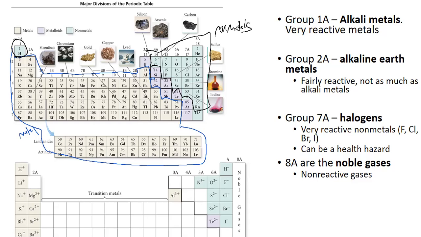Metals, generally, what they do is that they conduct heat very well. They conduct electricity very well, and they're malleable. That is, you can mold their shape. Nonmetals are the opposite. Nonmetals don't conduct electricity. They don't conduct heat, and you can't really form their shape.